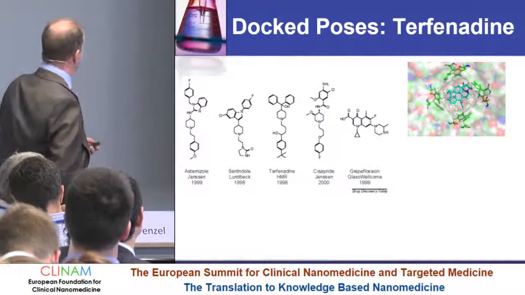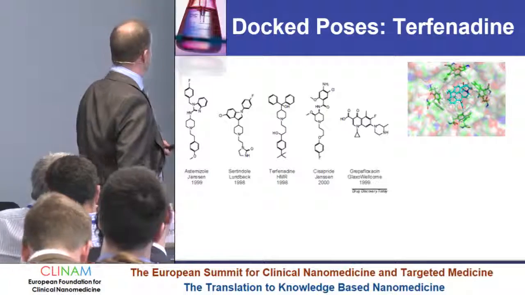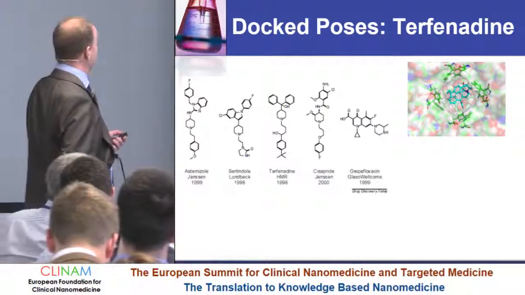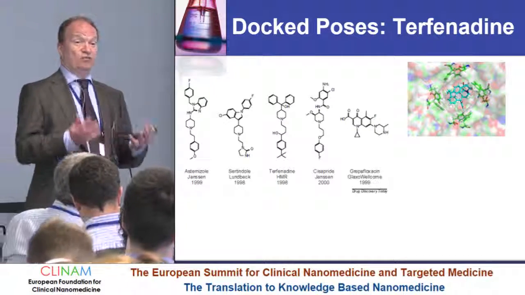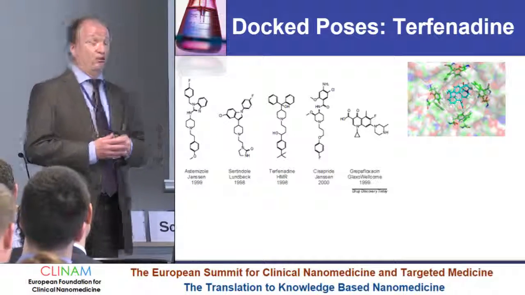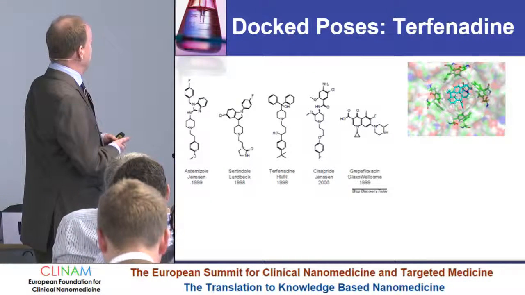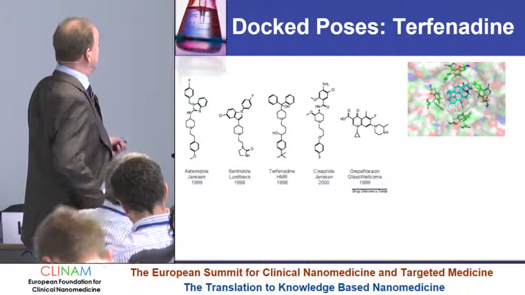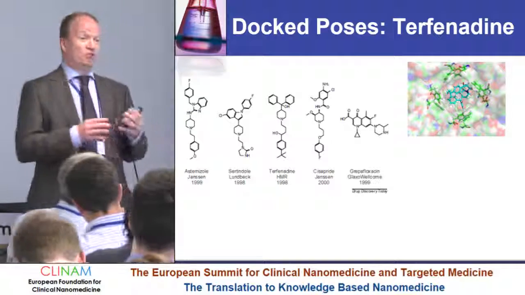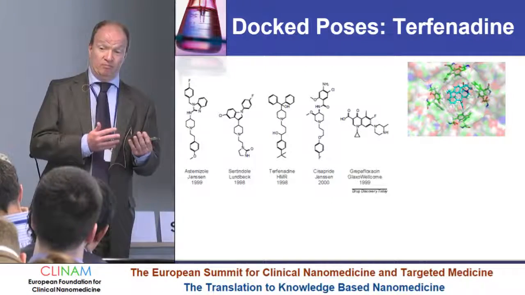And in doing that, we were able to look at a certain set of small molecule ligands. The problem is that there is no real crystal structure for the hERG channel, and so you have to make up a homology model based on data for similar channels, and that you can then validate by essentially reproducing experimental results in your in silico screening.